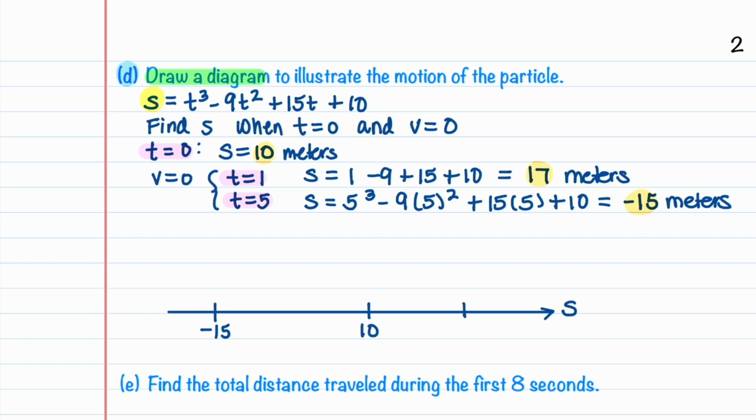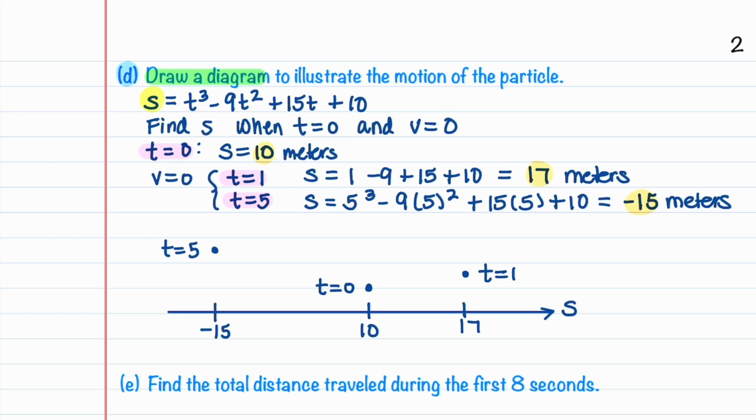And then 17. When t is 0, our position is 10 meters, so I'm going to put a dot here, and I'm going to mark this t as 0. When t is 1, we are at 17 meters, so I'm going to put a dot here and put in t as 1. And then when t is 5, our position is minus 15.